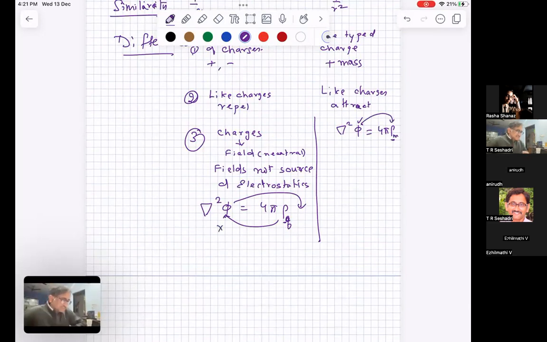In other words, charges produce electric field, but electric field does not produce more electric field. However, in the case of gravity, if you just marry Newtonian gravity and special relativity, you get into a problem because mass produces gravitational field. Gravitational field has gravitational potential energy. But then since energy and mass are equivalent, again it feeds back to the right side to produce more field.